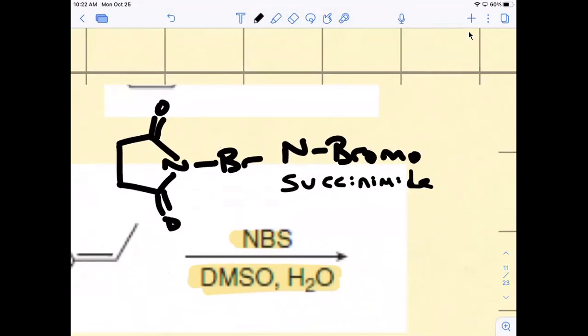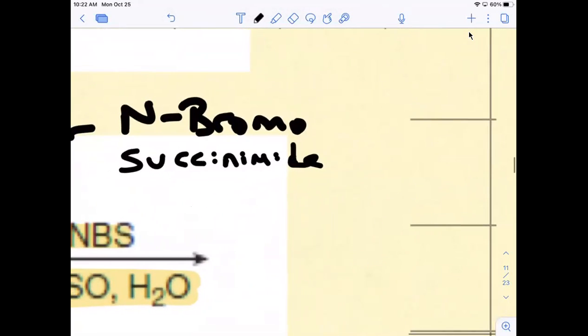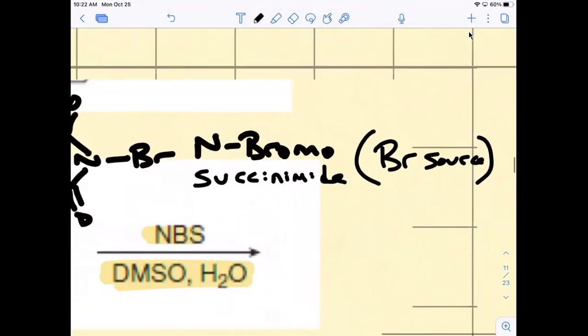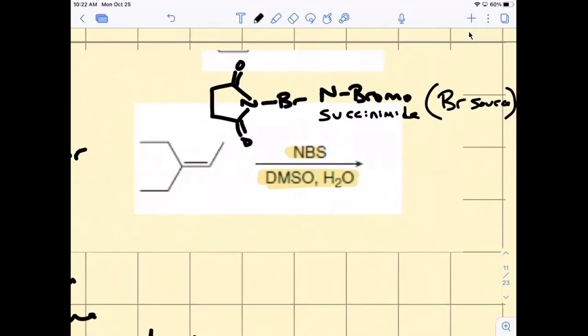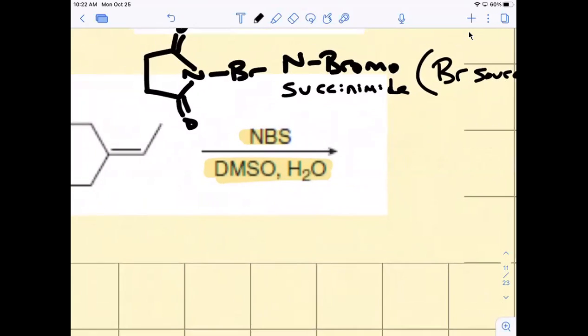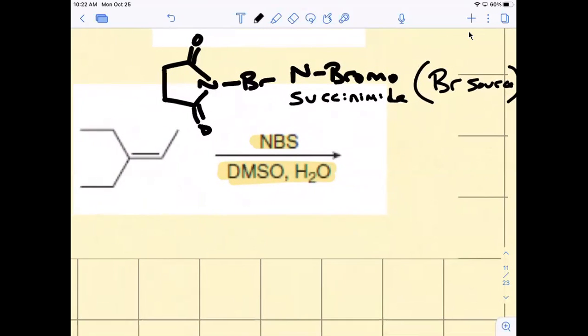All right, so this is my bromine source. That's where my bromine is going to come from, but the outcome is the same. Even if it's a different set of reagents, the outcome is still going to be the same.